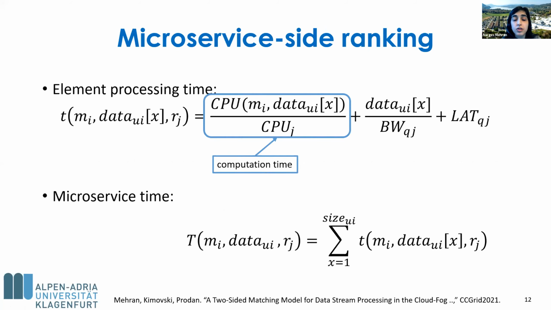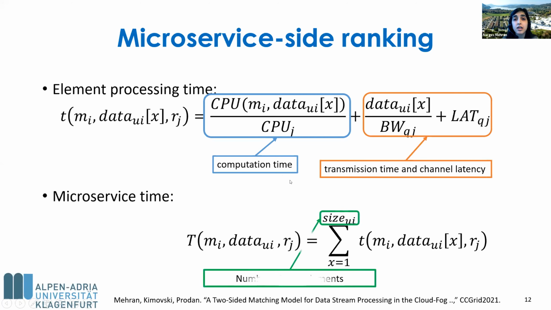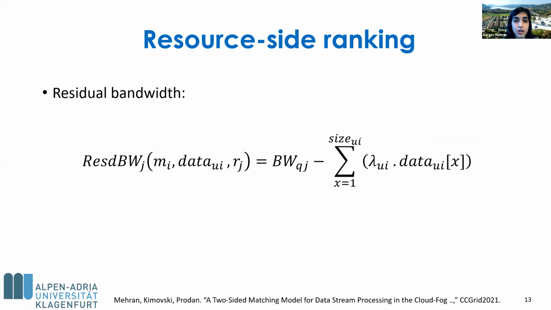For the microservice time, we first calculated the element processing time, considering that the data element that should be processed by a specific microservice being hosted by a resource consists of two different components, the computation time and the transmission and the channel latency. Then at the end, based on the different number of elements that each data stream can have, we calculated the microservice time to be a method for the ranking on the service side.